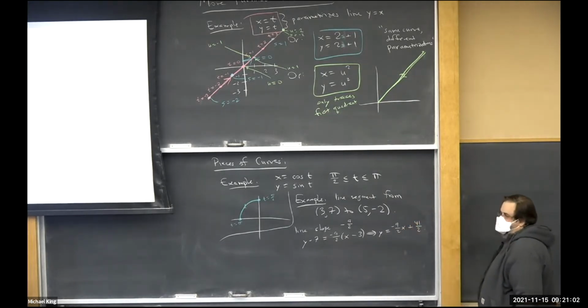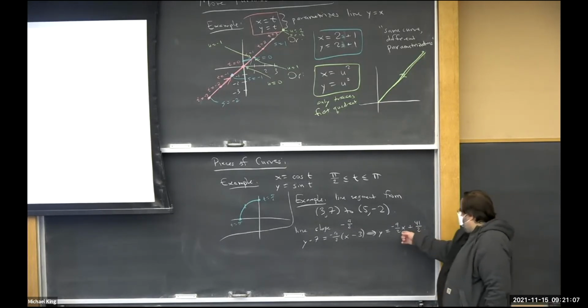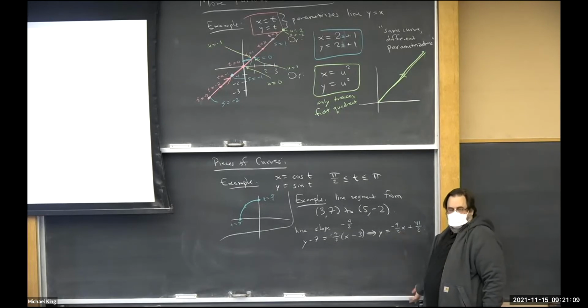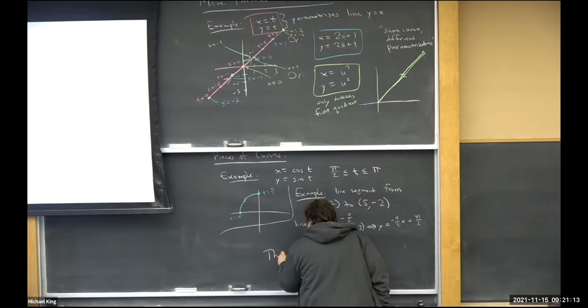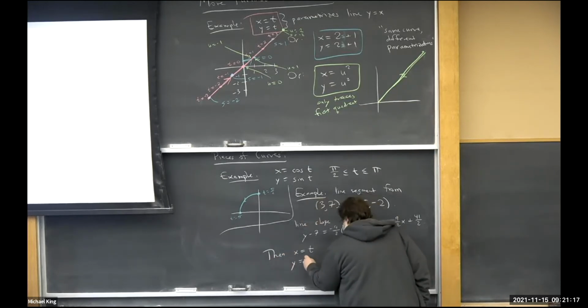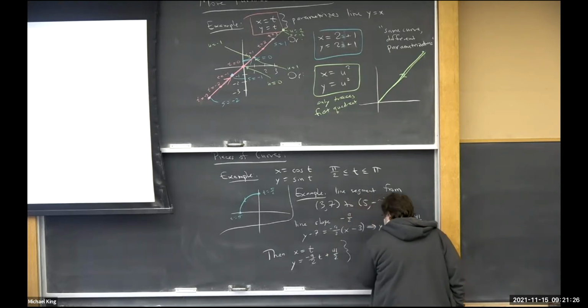Maybe something like that. And so you can then just use x as a parameter, right? So I could say x equals t. Then x equals t and y is negative 9 halves t plus 41 halves. And what would the values of the parameter be?